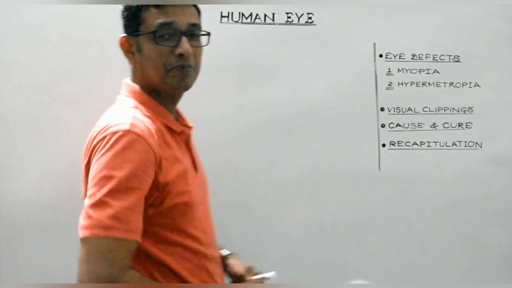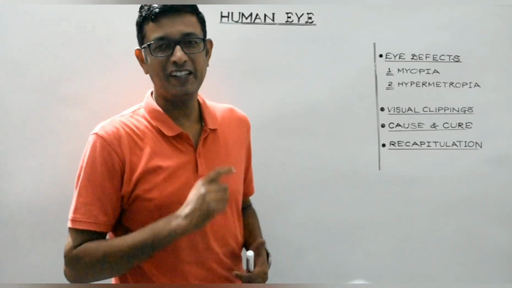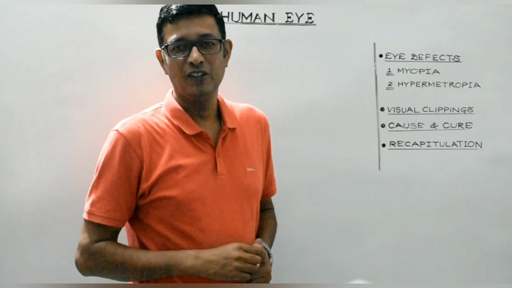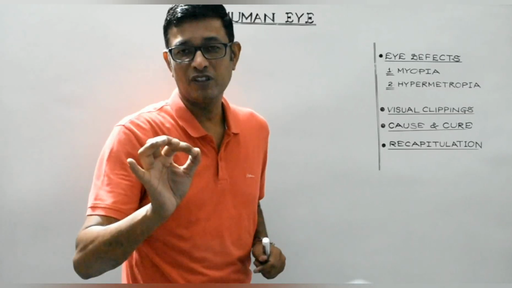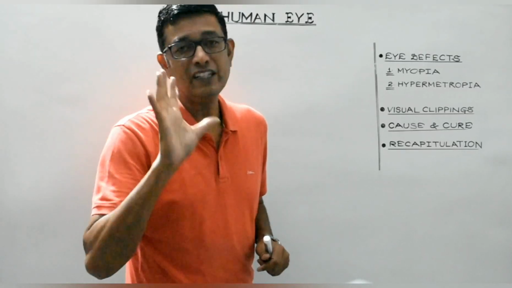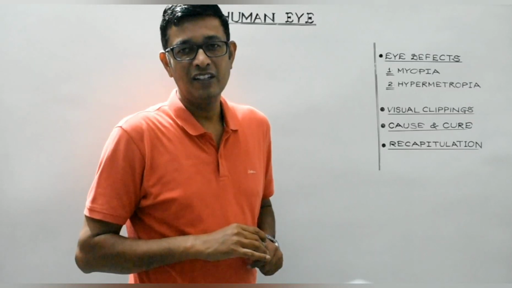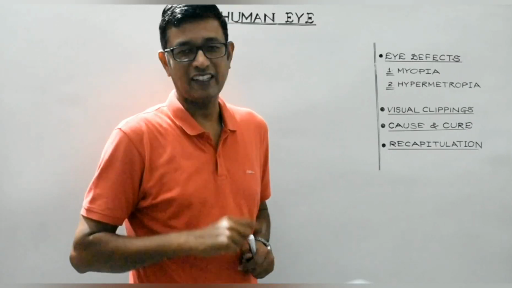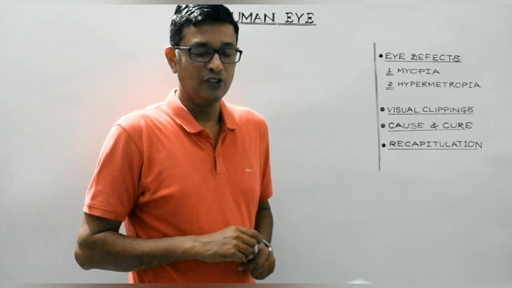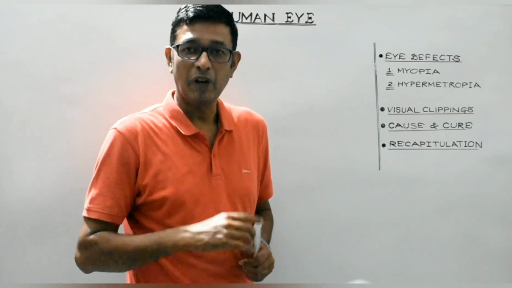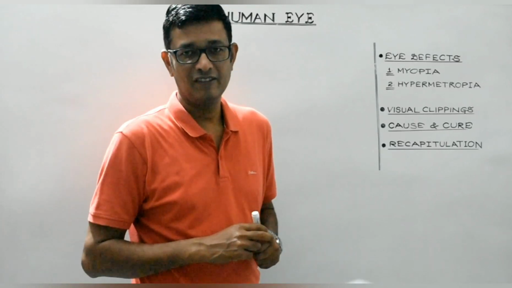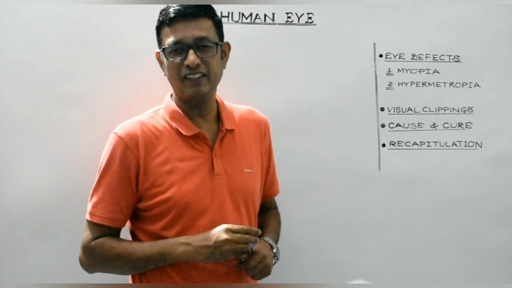So students, I hope you have enjoyed this very interesting visual clipping. So I am very sure you have understood the eye defect, that is myopia or short-sightedness or nearsightedness, right? So we'll be discussing myopia once again. So let's summarize this particular topic.